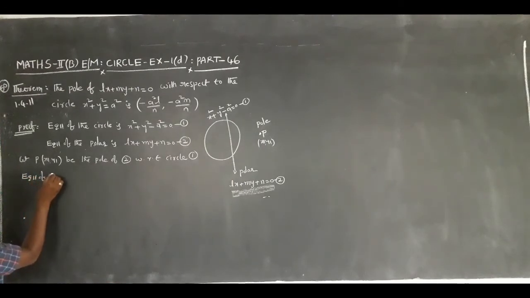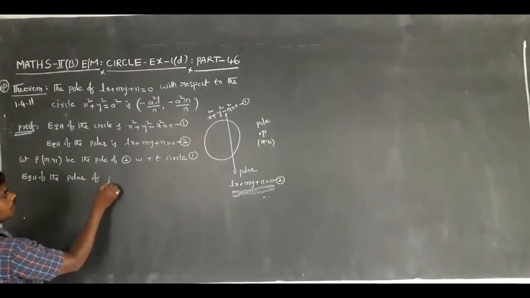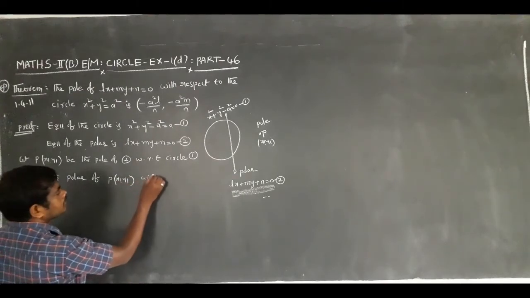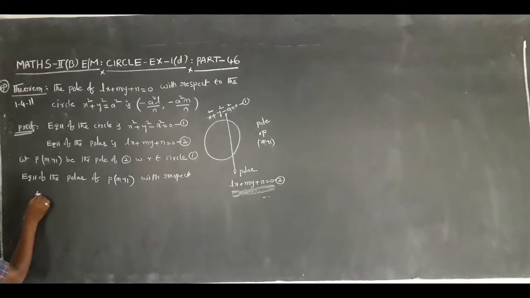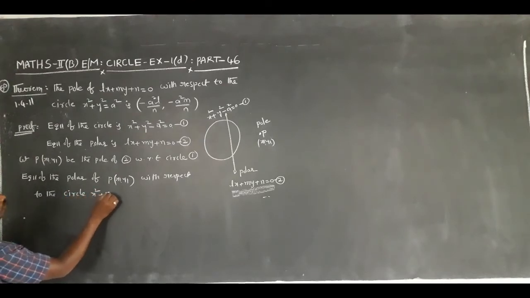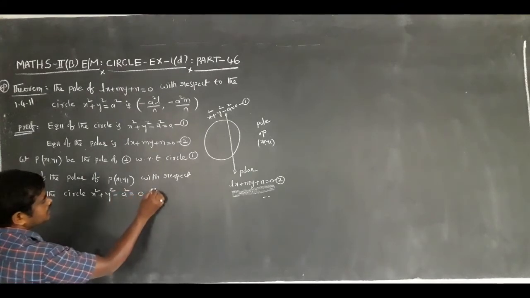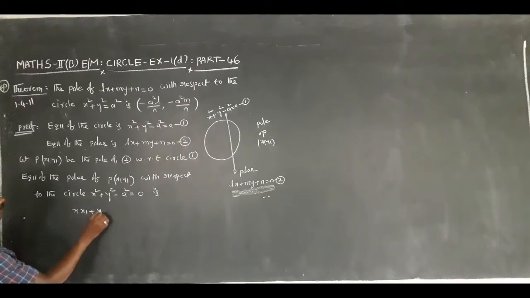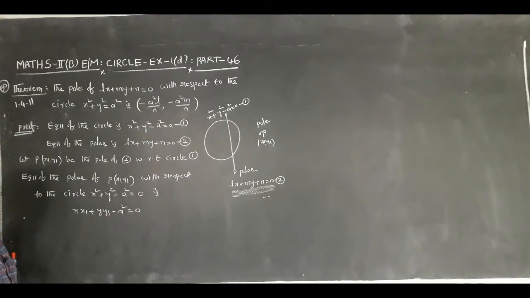The equation of the polar of P(x1, y1) with respect to the circle x² + y² − a² = 0 is xx1 + yy1 − a² = 0.